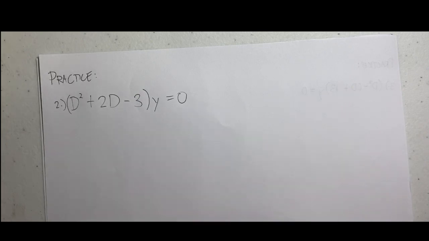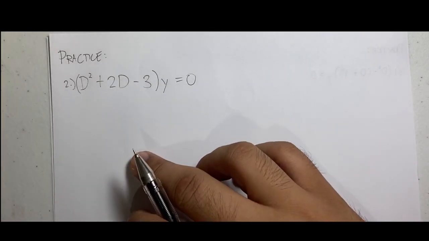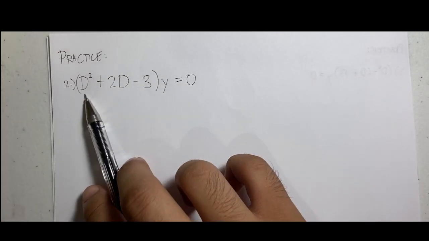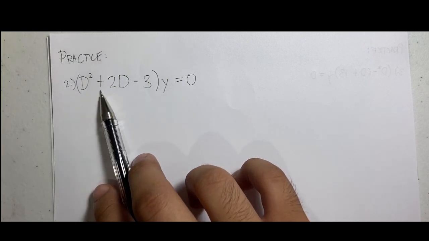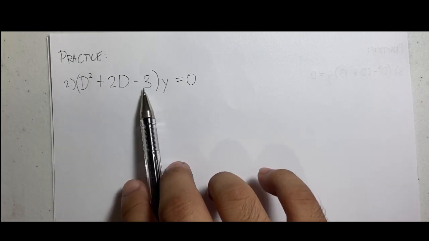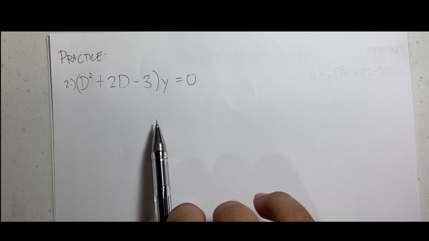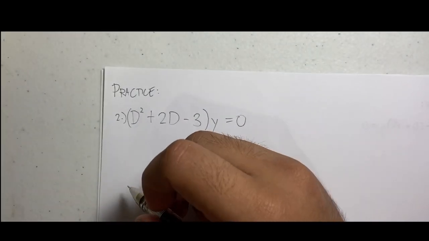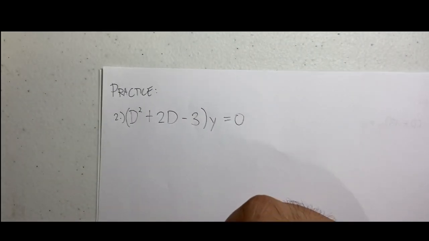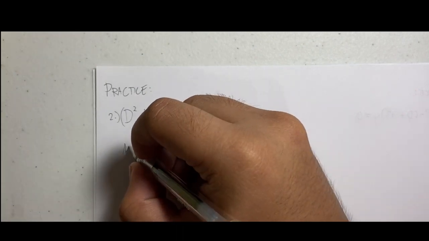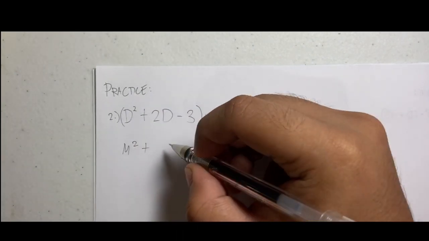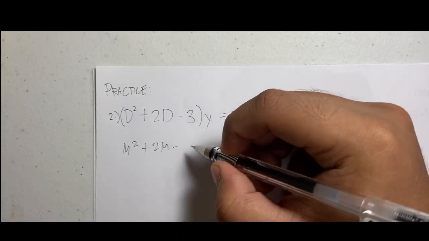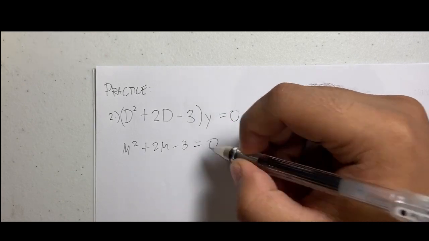Now we proceed to our number 2 problem. This equation is already written in differential operator form. Then we convert it into our auxiliary form, which is m squared plus 2m minus 3 equals 0.